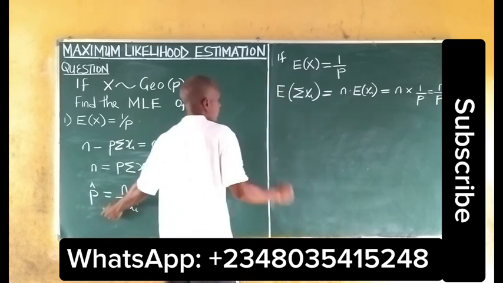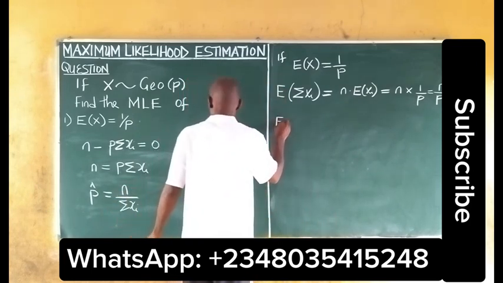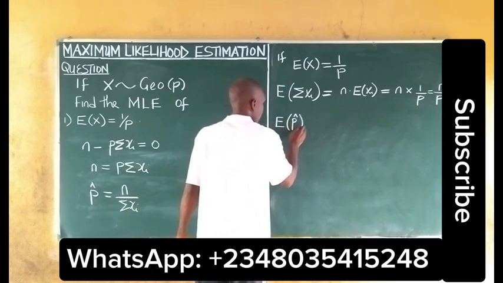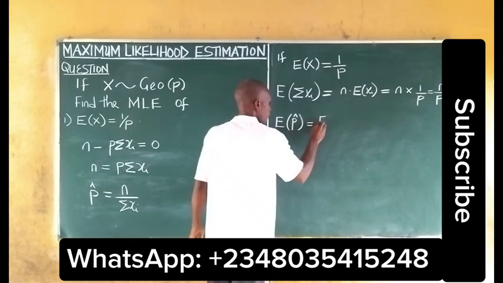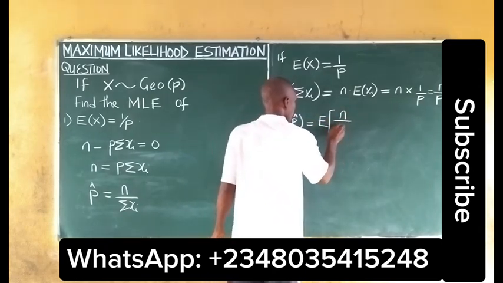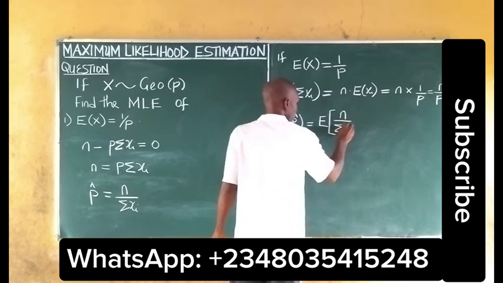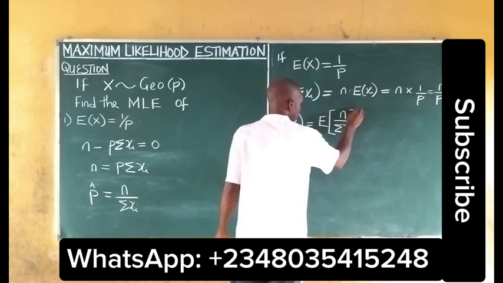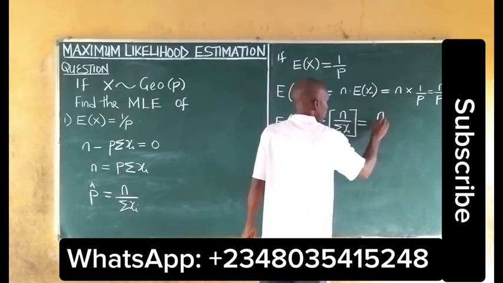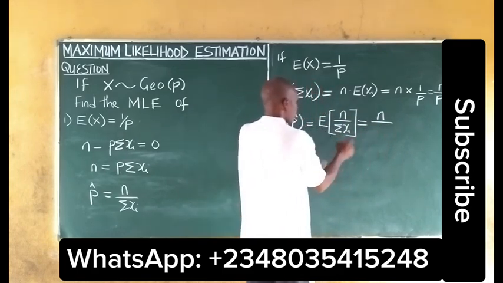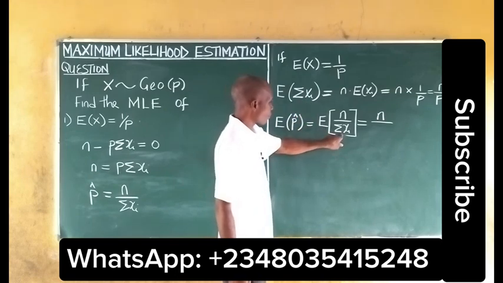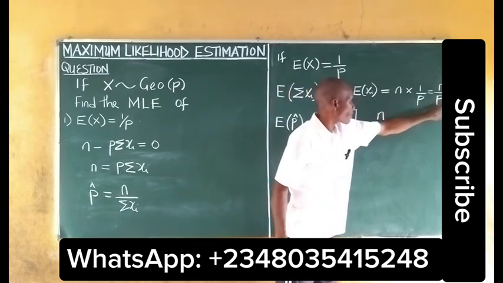Of course, if we come here, the expected value of our p estimate is equal to the expected value of n all over summation of xi. So this is equal to n all over the expected value of summation of xi, which we have looked for here, and it is n all over p.